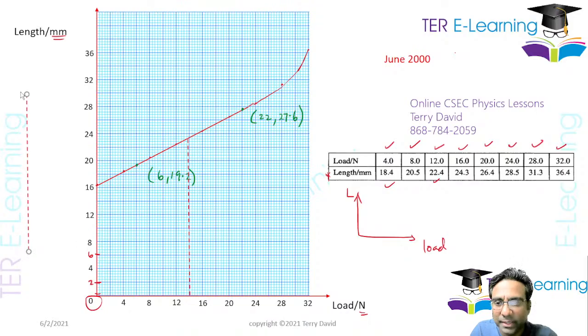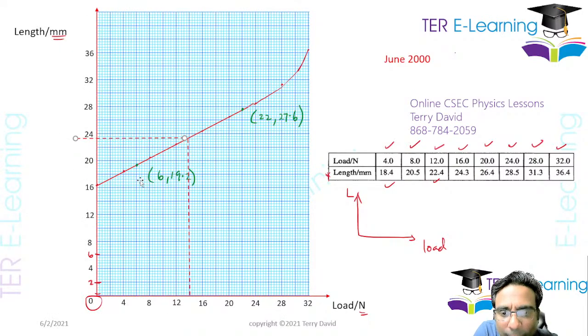Now, one of the reasons why I chose this question is that you need to understand what you're actually doing here. So I'm trying to read off this from the graph. Sometimes these lines are not doing what I want, but this is what I'm reading off here.